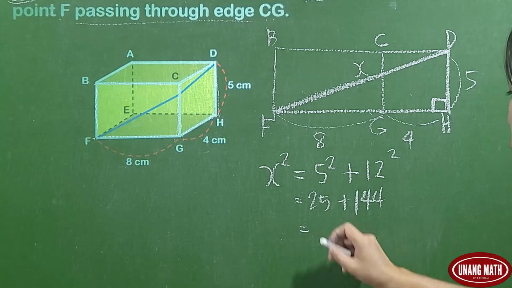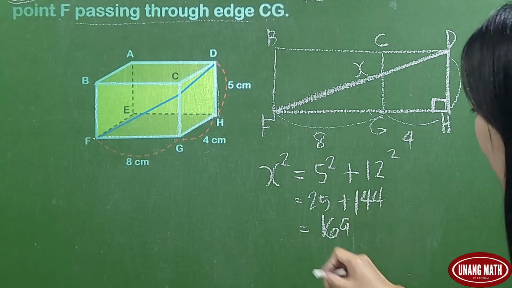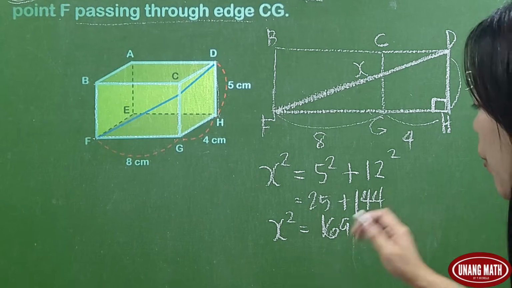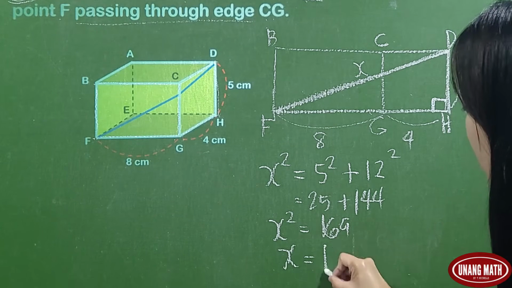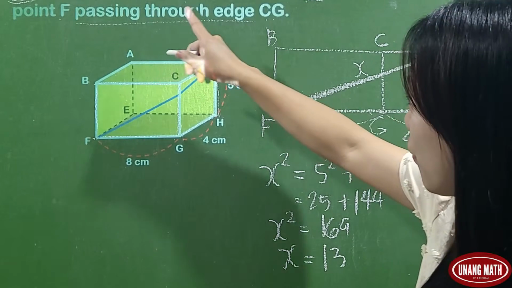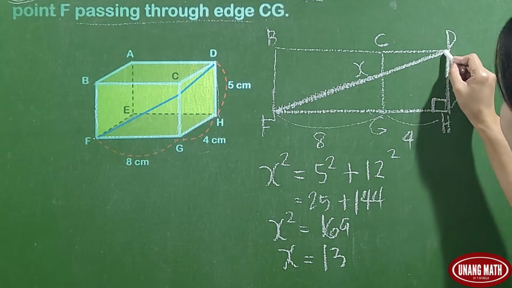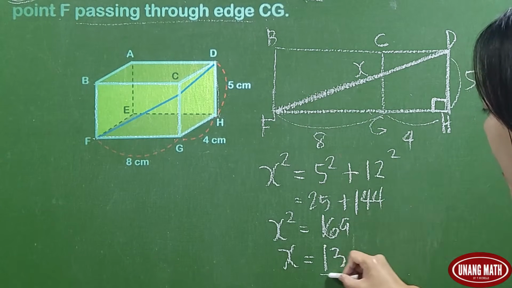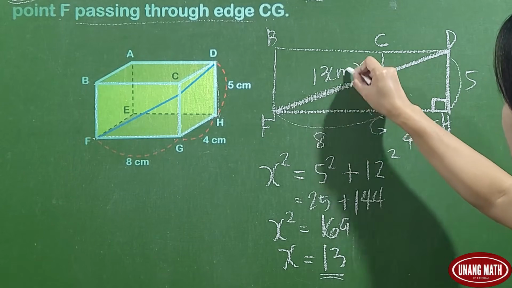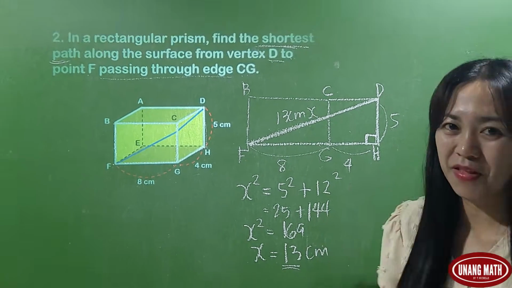And this is now equal to 169. So the square root of 169 is 13. So it means the shortest path along the surface from point D to point F is 13 centimeters.